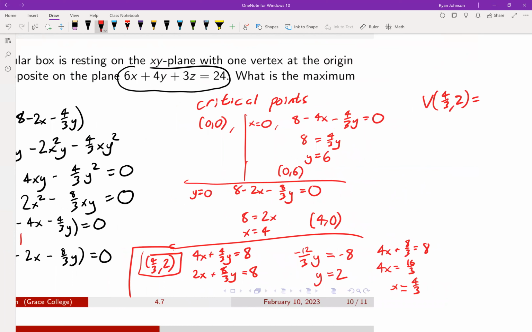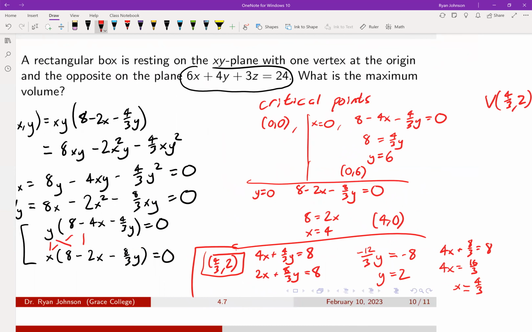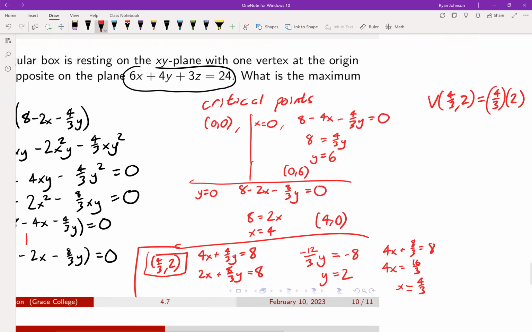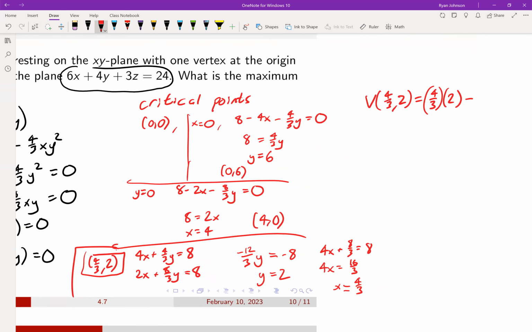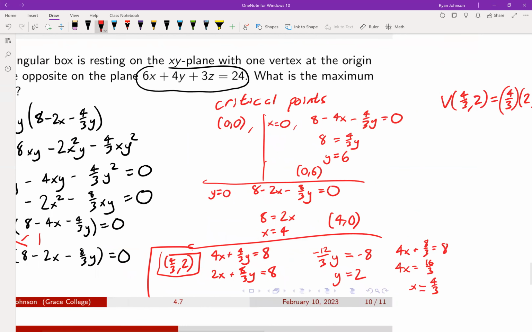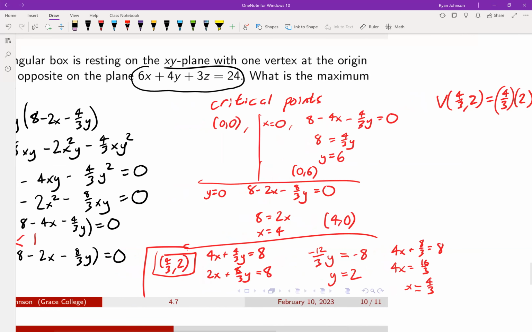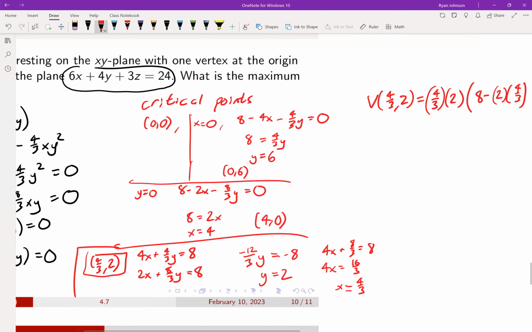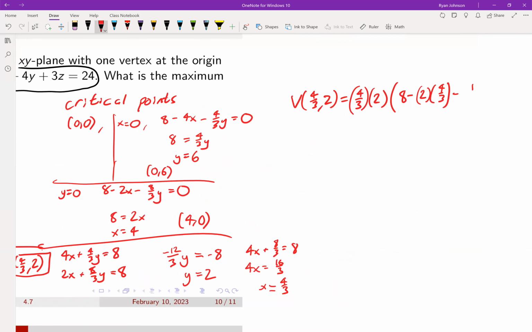Well, that's going to be 4/3 times 2 times 2 minus 2 times 4/3. Wait, no. xy times 8 minus 2 times 4/3, minus 4/3 times y is 2.